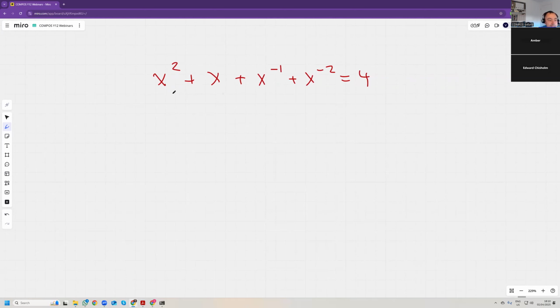Now, the next one looks quite complicated. It's x squared plus x plus 1 over x plus 1 over x squared equals 4.